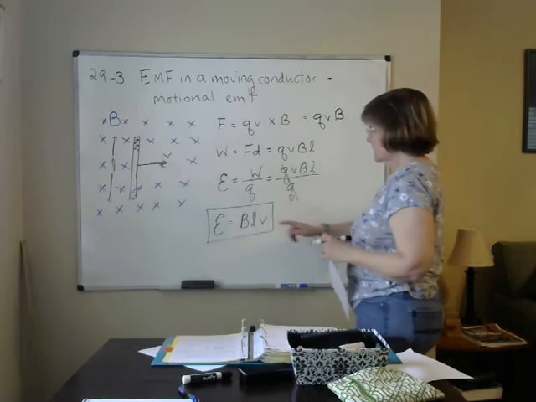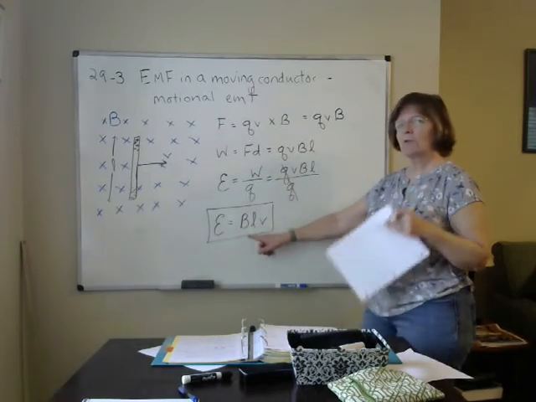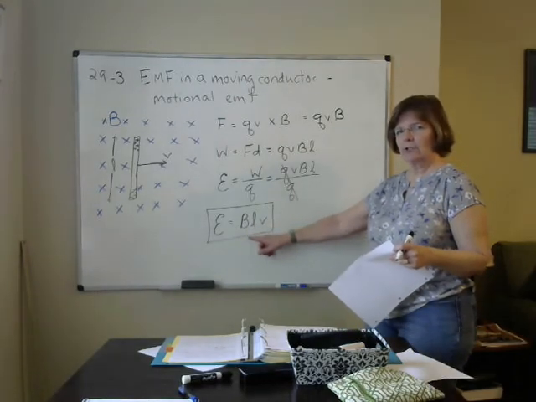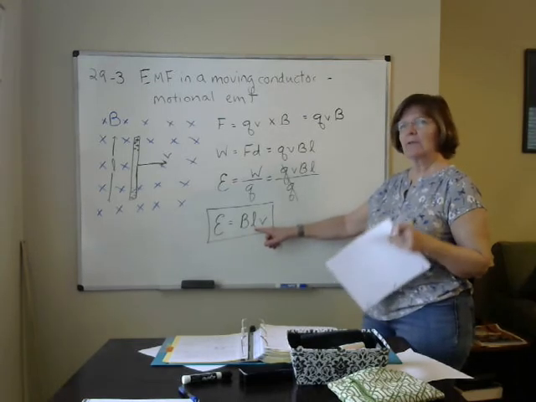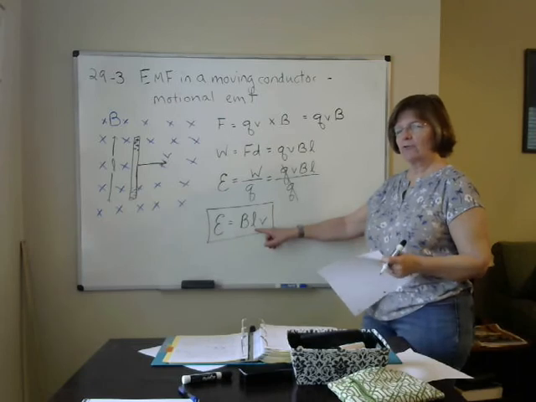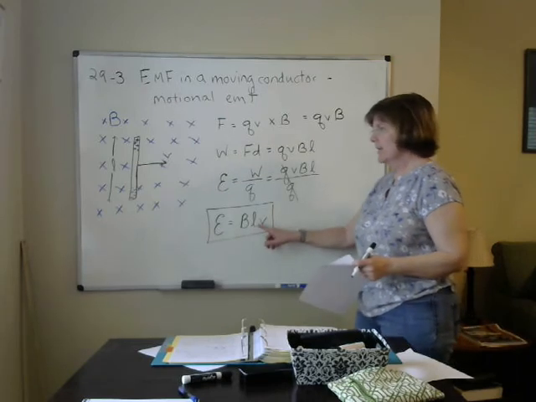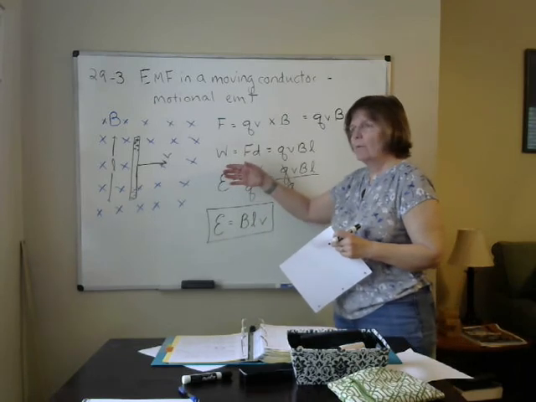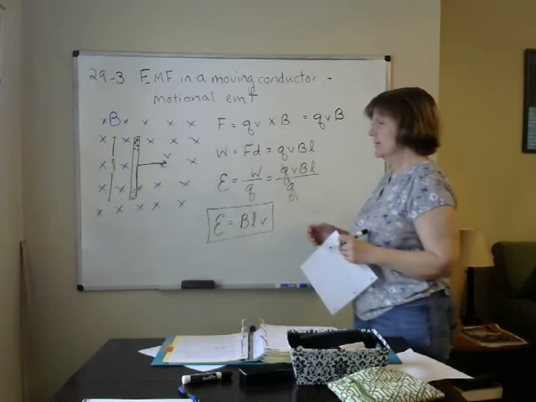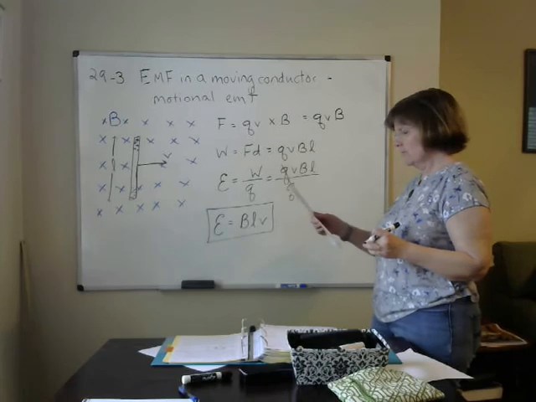It makes sense. The larger the magnetic field is, the larger we would expect that induced voltage to be. The longer that piece of metal is, the larger we would expect that potential difference or that induced EMF to be. And finally, the faster we pull it. If we barely move it, we're not going to have much of a force on those charges. We're not going to induce a very large EMF.